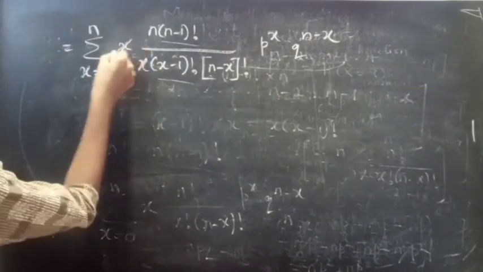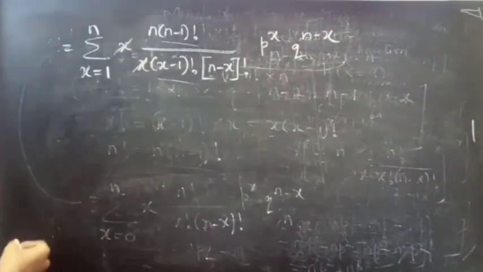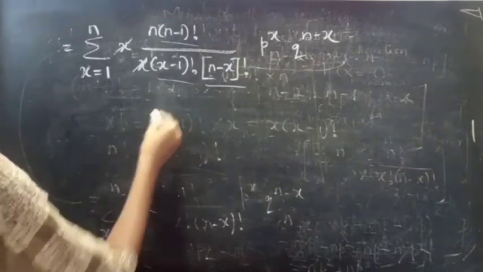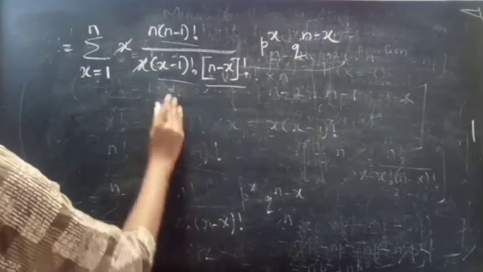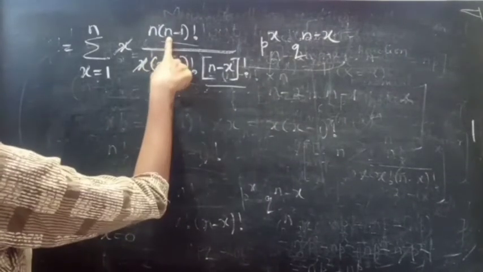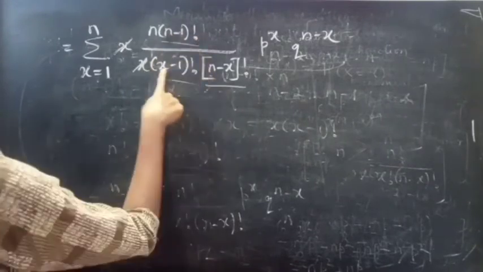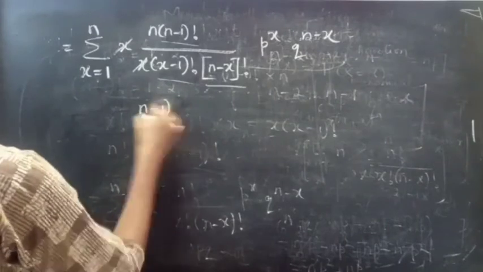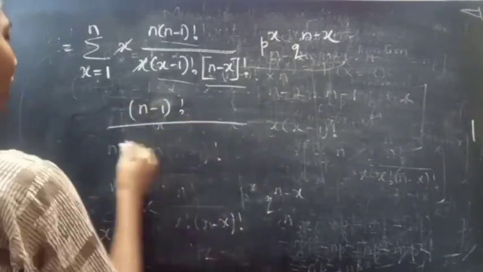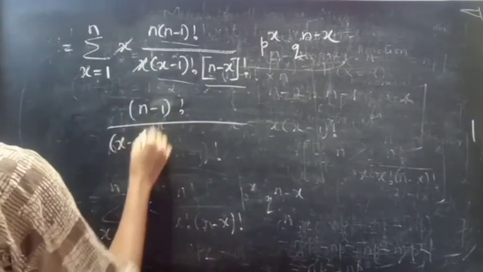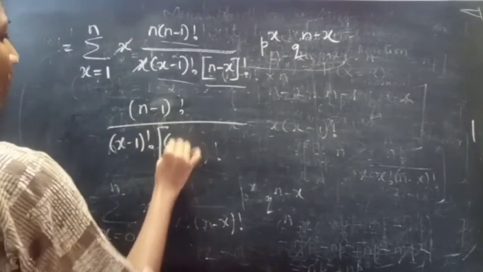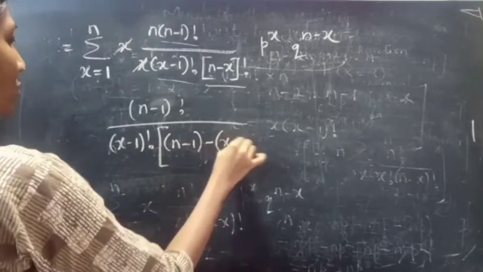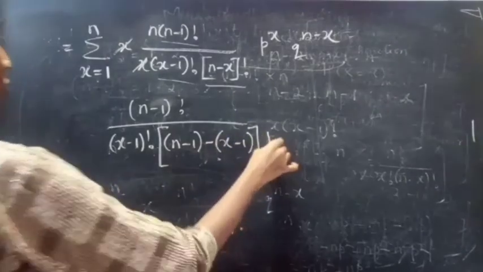Now you can cancel x and x. Here you're having n minus x factorial, but you're having n minus 1 factorial in the numerator and x minus 1 factorial in the denominator. So you could write it as n minus 1 factorial by x minus 1 factorial into n minus x, that is n minus 1 minus x minus 1 factorial.